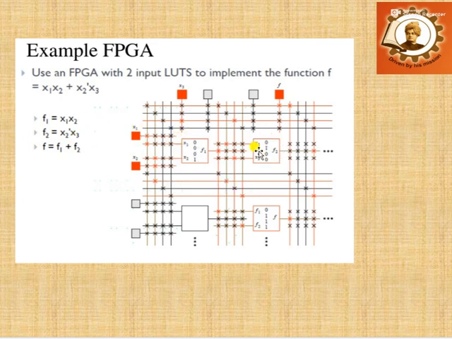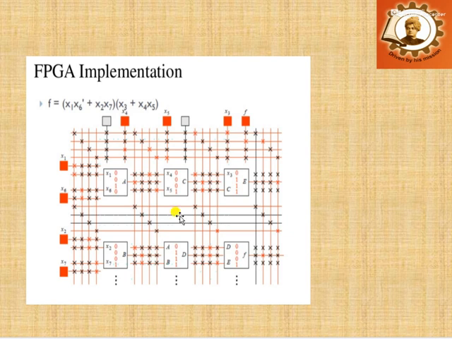The outputs of both f1 and f2 are ORed, and after the OR we get the final value of f. So f will be equal to f1 or f2. In this way you can implement FPGA functionalities. In a similar way, if you increase the number of variables you are using, you can associate more logic cells.